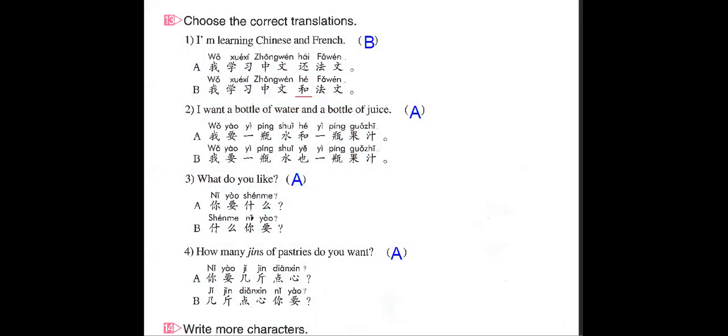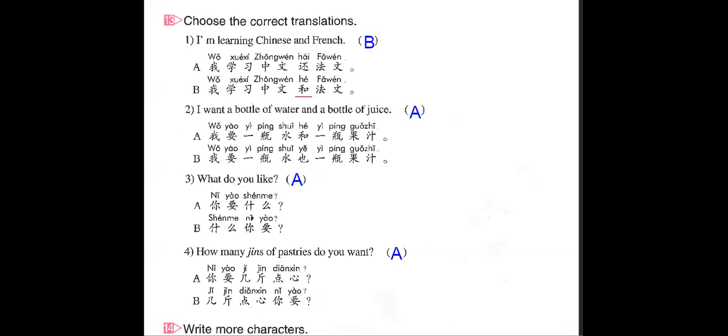For example, I want to study Chinese, I want to read a book. We have 2 different actions, so we will be using hai. But at this point, we are using 2 nouns, so we are using he. 我学习中文和法文. I study Chinese and French. Number 2, I want a bottle of water and a bottle of juice. 我要1瓶水和1瓶果汁.